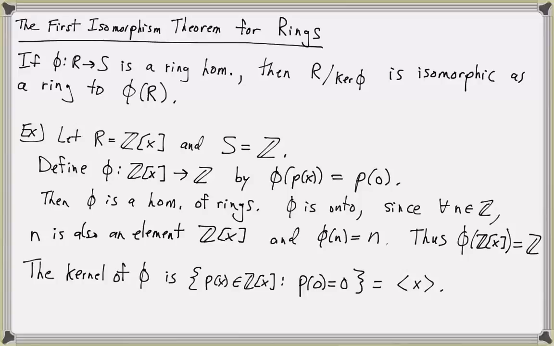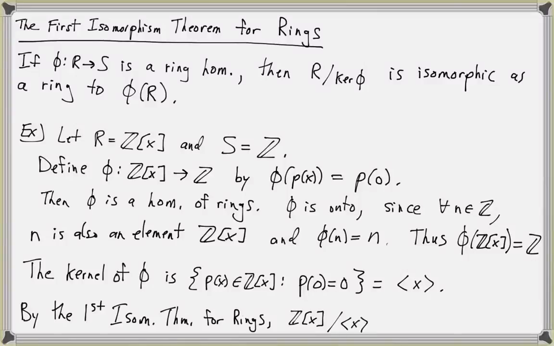So by the first isomorphism theorem for rings, we see that the ring of polynomials with integer coefficients mod the kernel of phi, so that's mod the ideal generated by x, will be isomorphic as rings to the image of phi, which is the ring of integers.